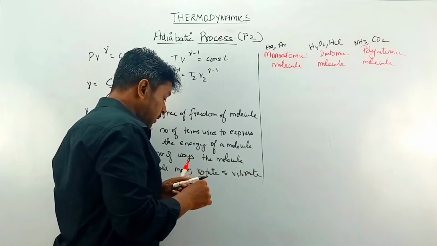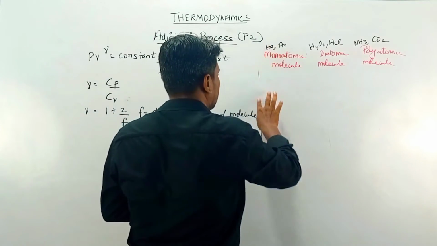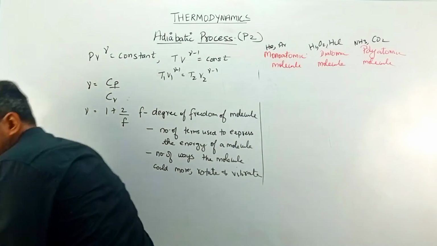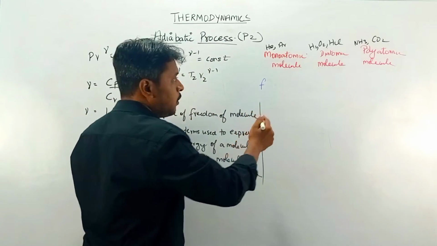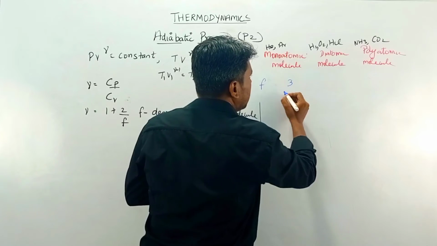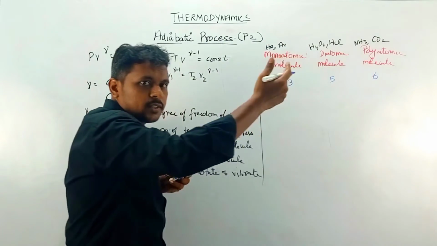Okay, so now we will see what is the value of degree of freedom for these kinds of molecules. We have the degree of freedom F for a monoatomic molecule as 3, for diatomic as 5, and for polyatomic as 6 or more than 6.